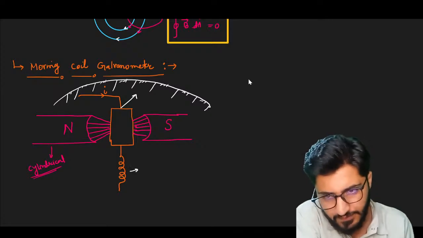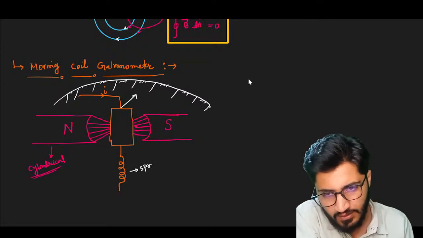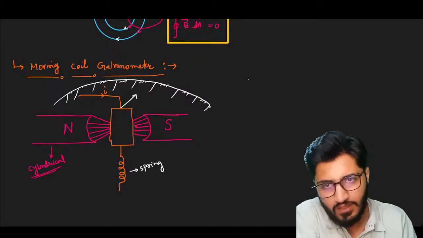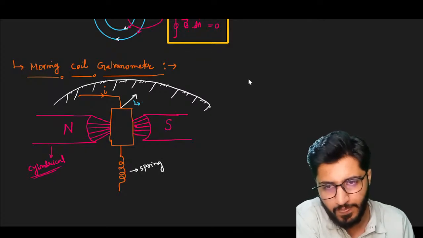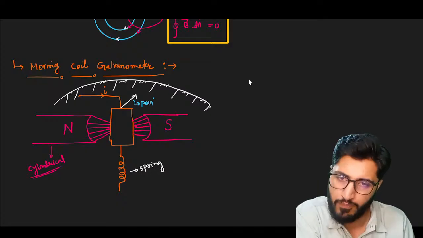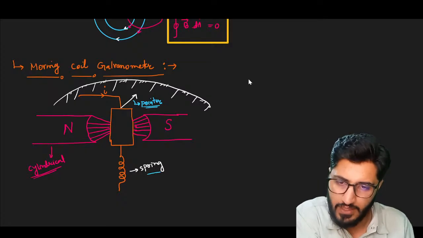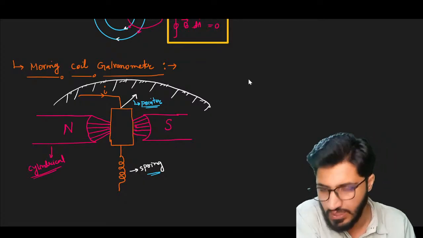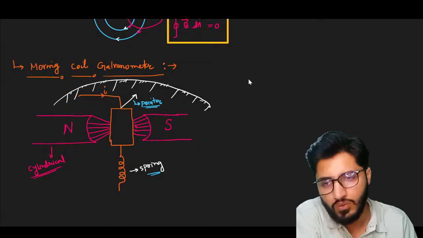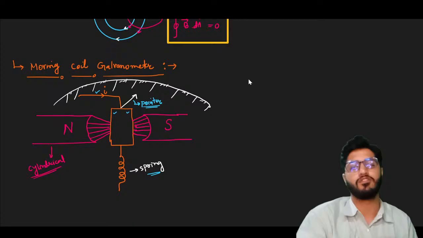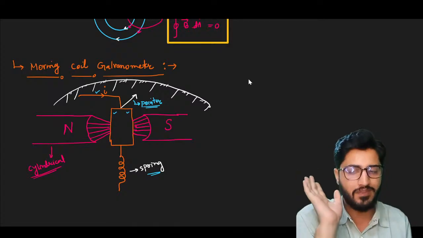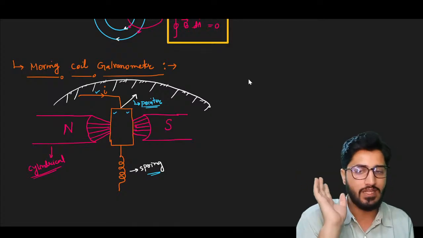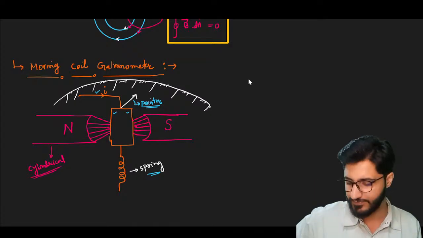This one is the spring, and this one is my pointer. What will happen now? Current will flow through this line and enter this loop. We know that if a magnetic field is present and current is flowing, there will be a torque.